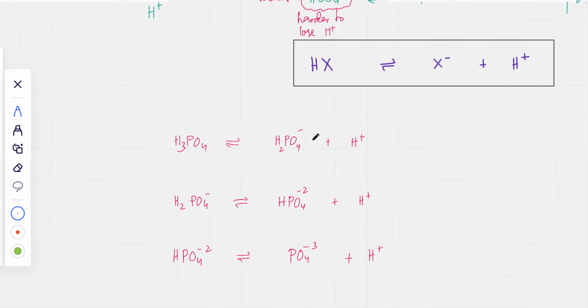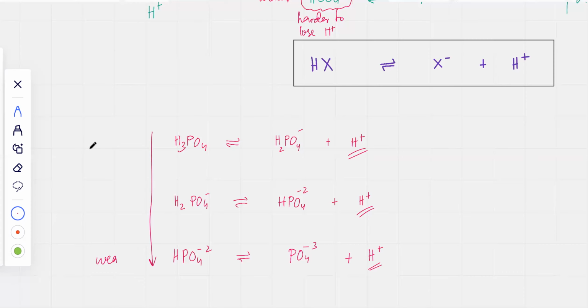So the three H plus 1s would not be released simultaneously. Every time, a different species would be releasing an H plus 1. This would be acting as an acid. In the next step, it's this one that's acting as an acid. So which one out of the three would be the weakest acid? The PO4 minus 2. The acid strength would decrease because minus 2 would instead be attracting H plus 1.